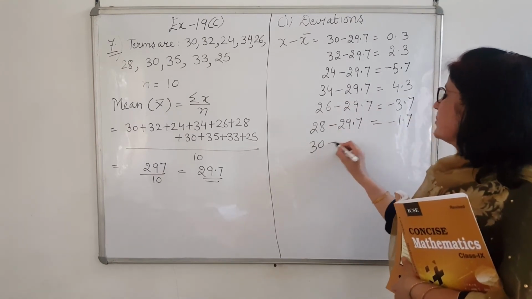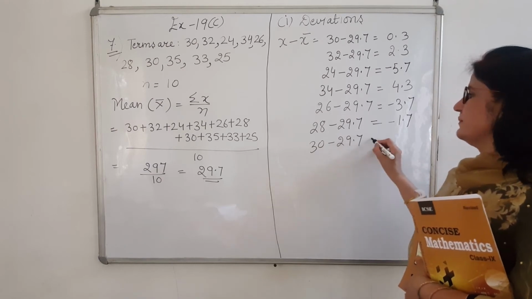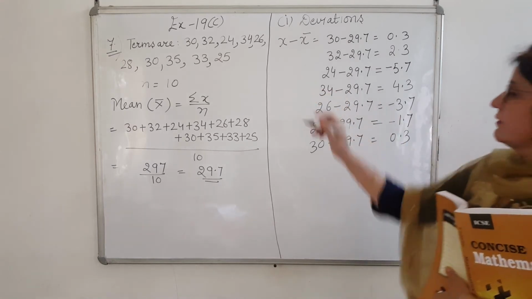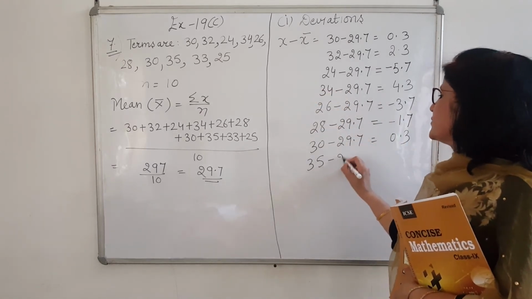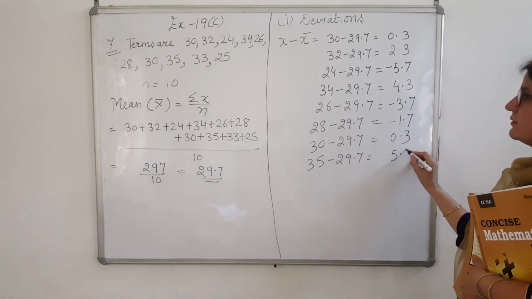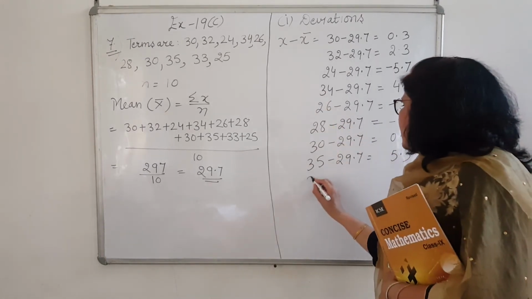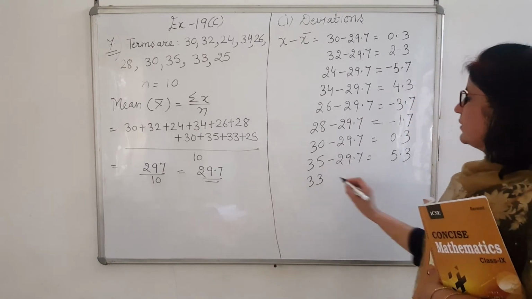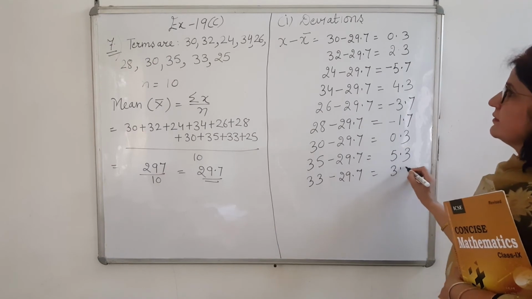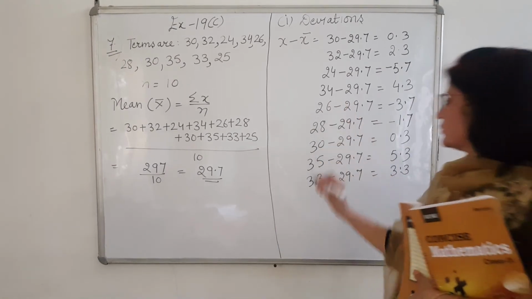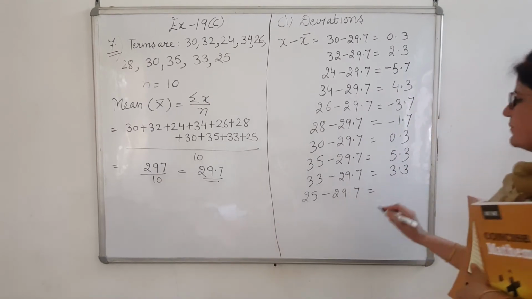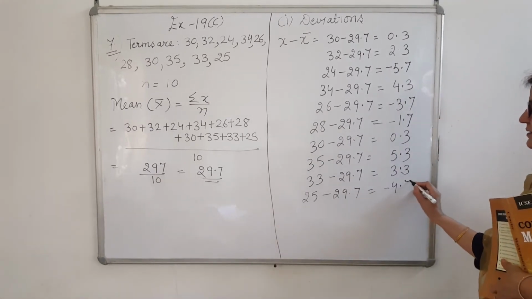Then 30 minus 29.7 gives 0.3. 35 minus 29.7 means 5.3. 33 minus 29.7 is 3.3. 25 minus 29.7, when you subtract, you will get minus 4.7.